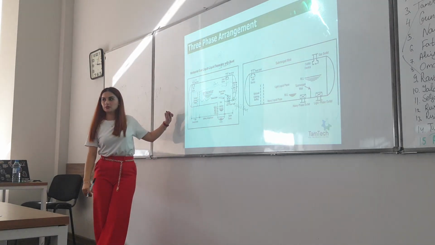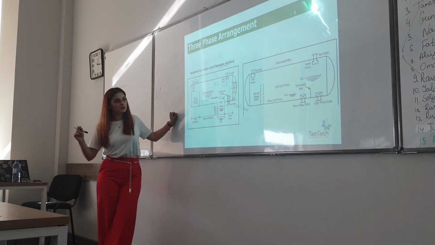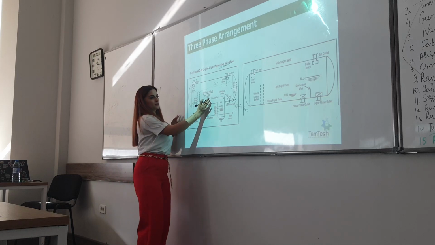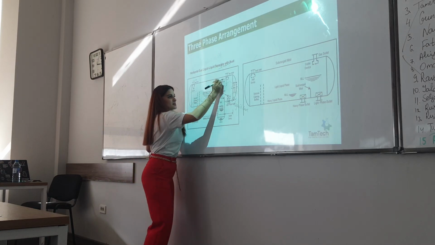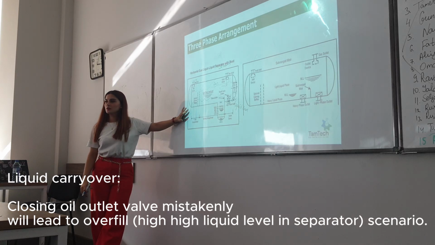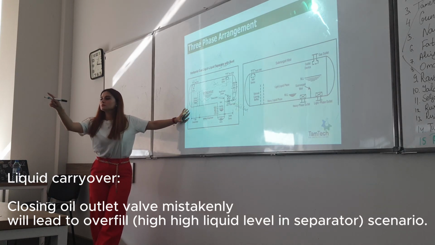What could happen here? Saman? Oil can get out from the water outlet. What else? In this part you may have more gas and low liquid. What happens? Gas particles can go through the liquid outlet.